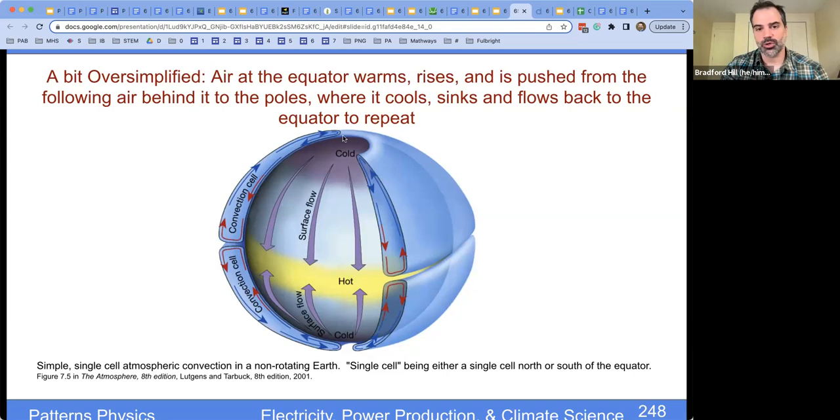So it's no surprise that the biggest wind on Earth, we're always thinking east-west, which is of course very important, but the largest airflow is from the poles to the equator. That cold air comes and displaces the warm air up.